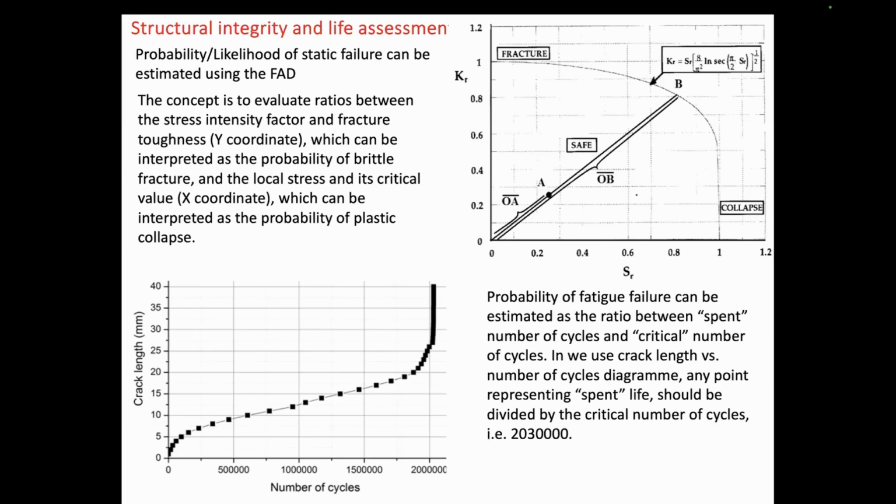In the case of fatigue, it is maybe even simpler, because if we know crack length versus number of cycles, and we know that for simple cases, even analytically using directly Paris law, of course, under the condition that we know C and m, then we have graphs like this. And then let's say after 1,000,000 cycles, likelihood of failure is just slightly below 0.5, because you can see that at 2,030,000 cycles, this will fail.